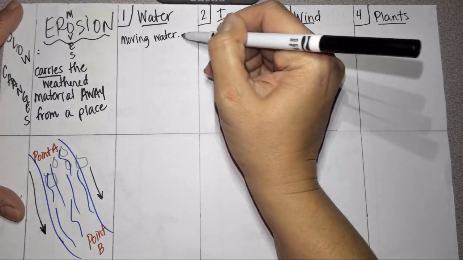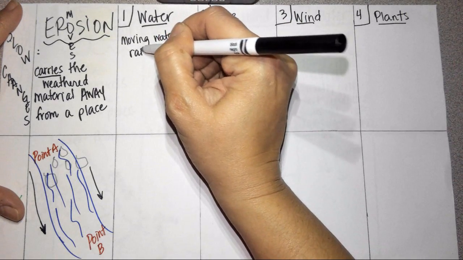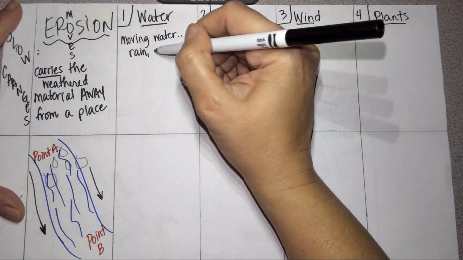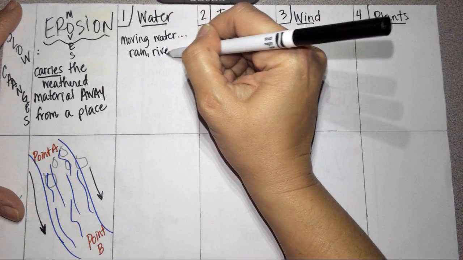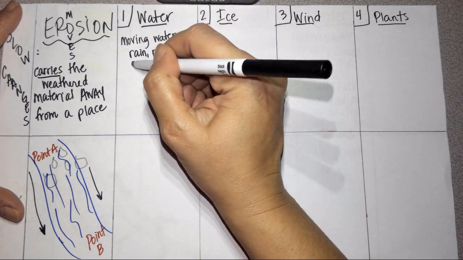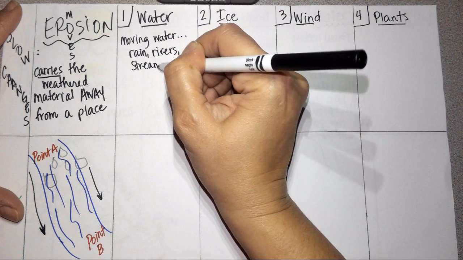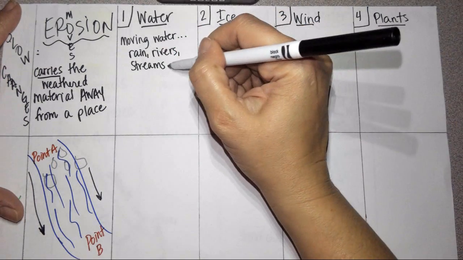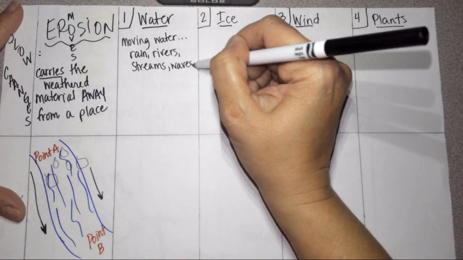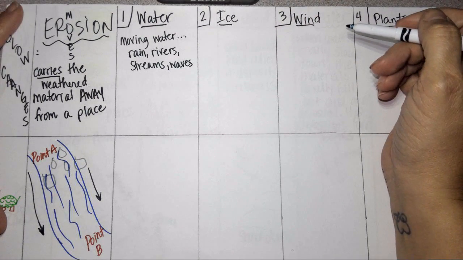So when we have to worry about water, so this is moving water. So we're talking about rain. What else is moving water? Rivers, streams, okay, waves. Good job. Thought I heard somebody say that. Okay.